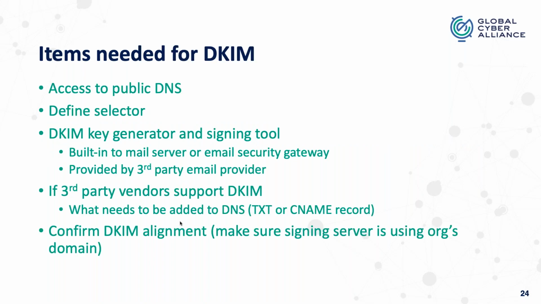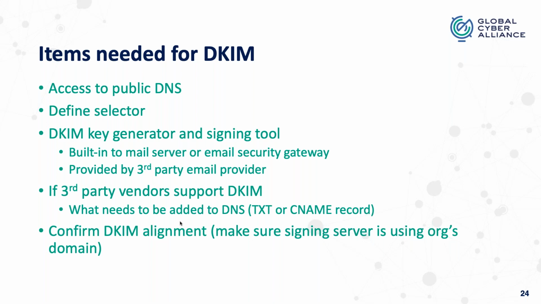So some items needed for DKIM. Again, just like SPF, you need access to public DNS. You need to make sure you know what your selector name is, right? Remember, because it's going to be unique to each system. So make sure you choose a good name for that, and a good enough name to be able to associate it with the appropriate system.